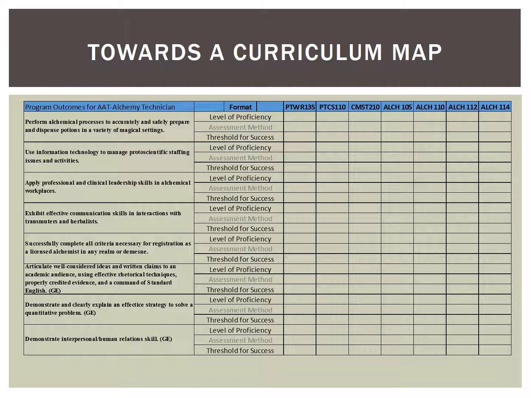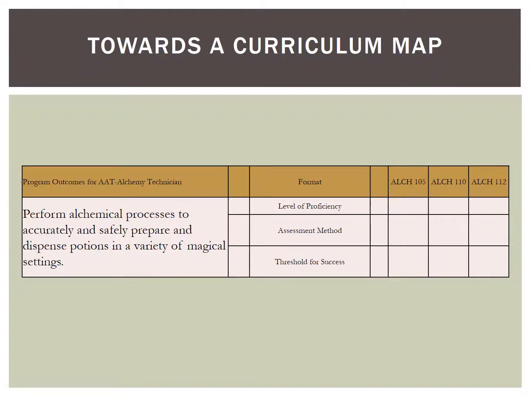Once you've done that, provide 3 pieces of information about that course. First, at what level should a student meet the outcome in question? Second, what assignment or test or project must the student produce to show that she has met the outcome? And finally, how well must a student do on this test or project to show that she has met the outcome? So let's zoom in a little so that you can see what I'm talking about in action.